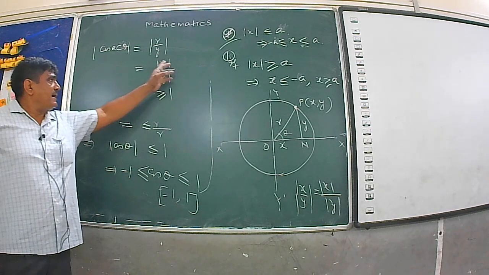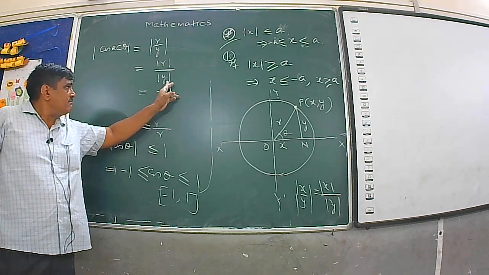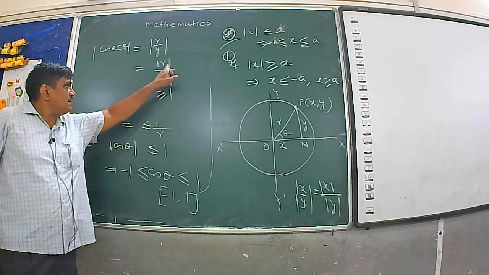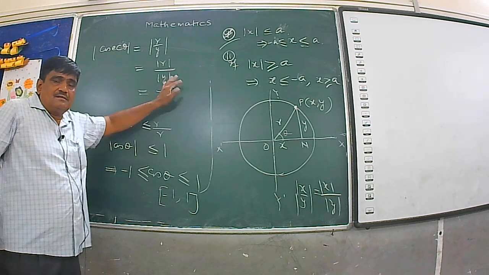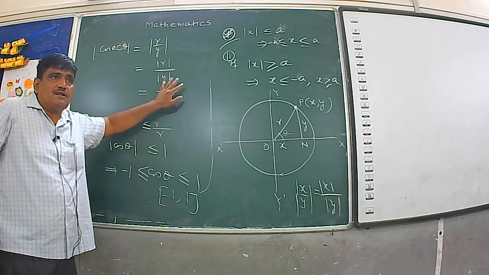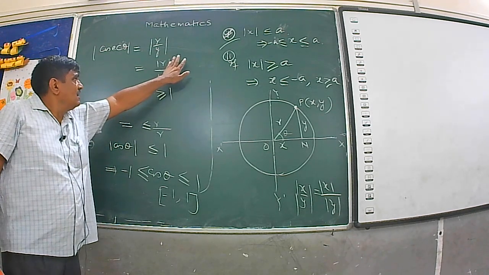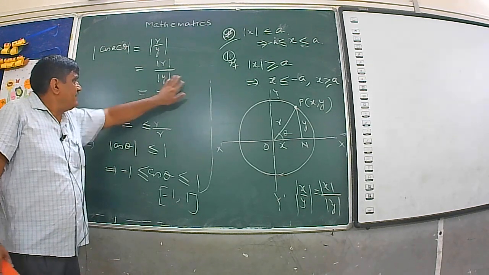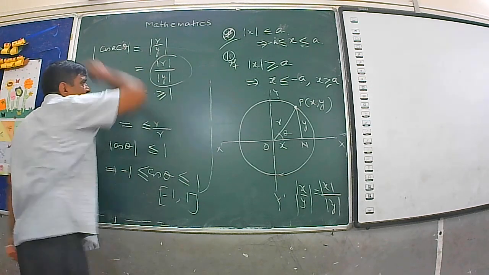Here magnitude of y is less than or equal to magnitude of r. If the denominator is less than the numerator in a rational number, then the rational number is more than or equal to 1.